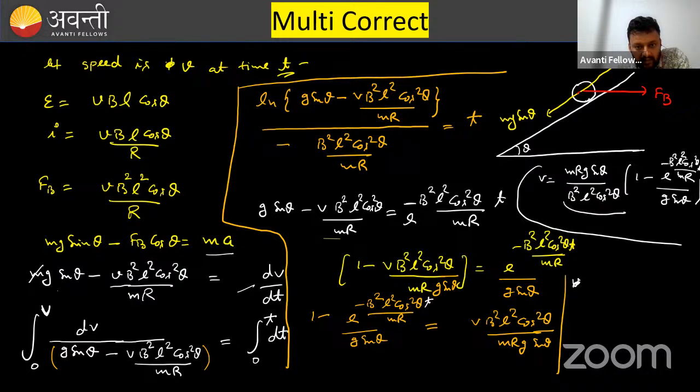g sin theta minus v b square L square cos square theta by mr is equal to, it will become e raised to the power, correct? Now I have taken g sin theta common, so it will be 1 minus v b square L square cos square theta upon m r g sin theta, correct? If I take g sin theta here, then it will go there.